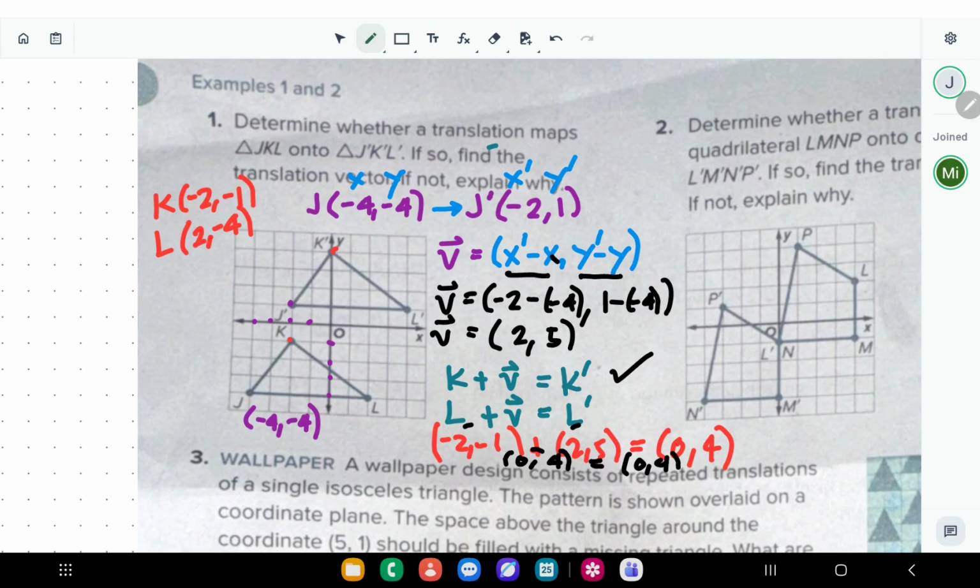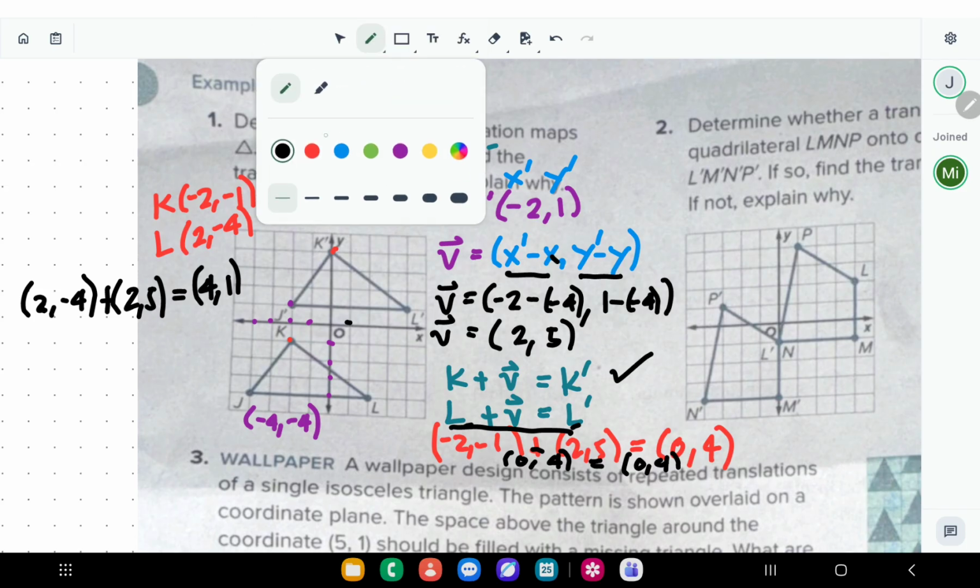Then how about L? Let's find L plus the vector, and the vector equals L prime. So point L is 2, -4, plus the vector 2, 5. What is L prime? L prime is 1, 2, 3, 4, 4, 1.